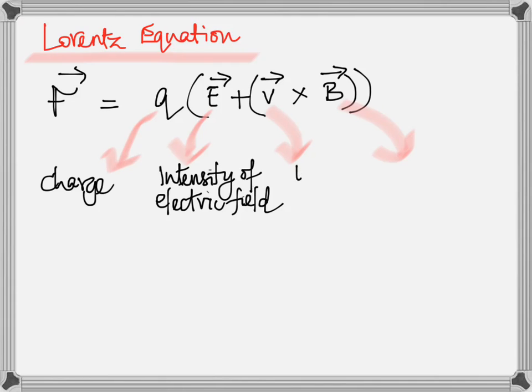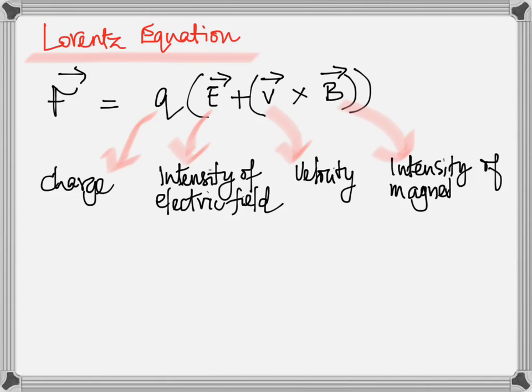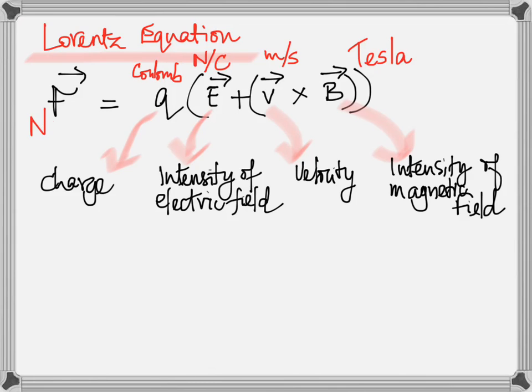And the terms are familiar. Q is the charge, E is intensity of electric field, V is the velocity, and B is the intensity of magnetic field. The units: magnetic field is measured in Tesla, velocity of course in meter per second, and strength of the electric field Newton per coulomb.